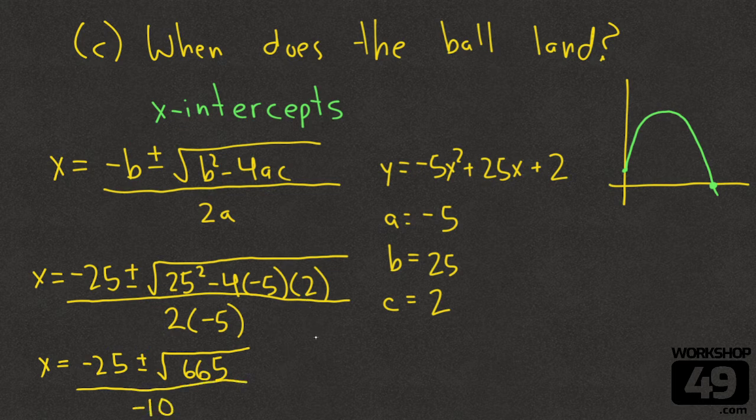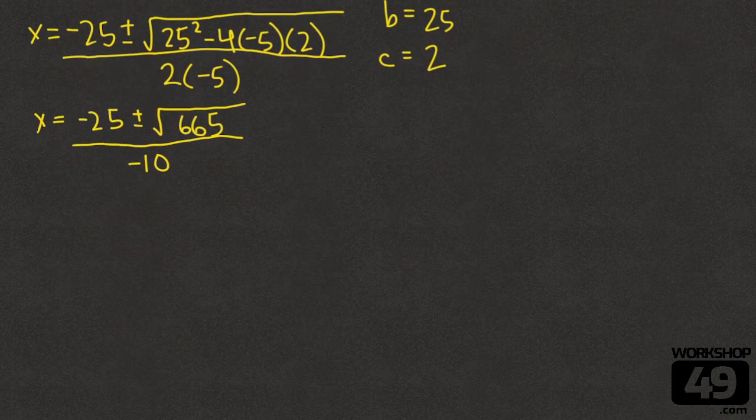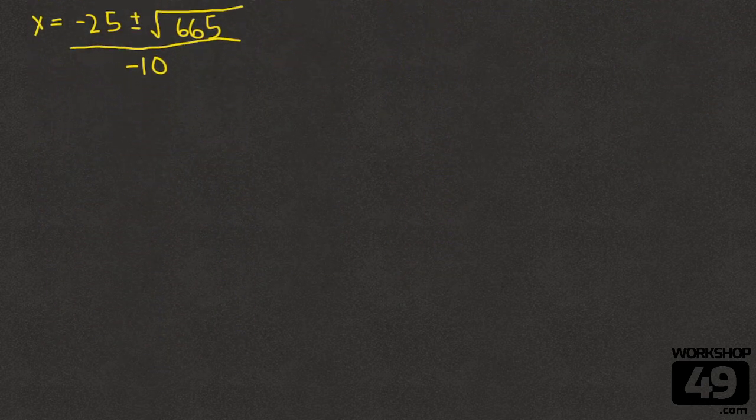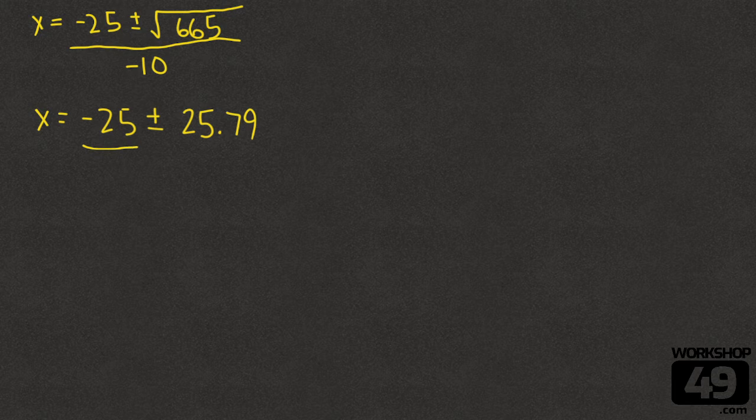I'll move this down a little bit so we can get some more space here, and clean this up a little further. We're going to get x equals negative 25. I take the square root of 665. We're going to approximate that because it gives us a decimal. Leaves us with 25.79 all over negative 10.